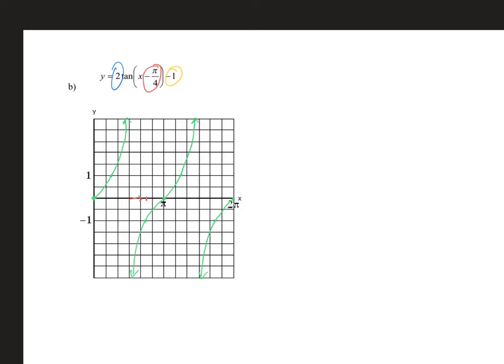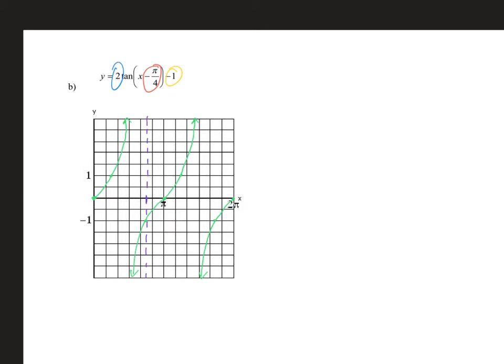So there's my pi by 4. Then I shift it down 1. Well, shifting it down 1 isn't going to have any effect. I know the finishing position of that asymptote is going to be right there. I can get rid of that red then. We're now at our finishing position.